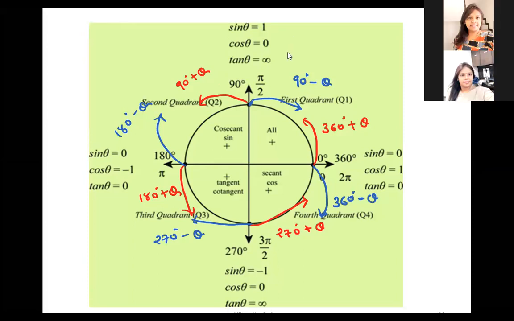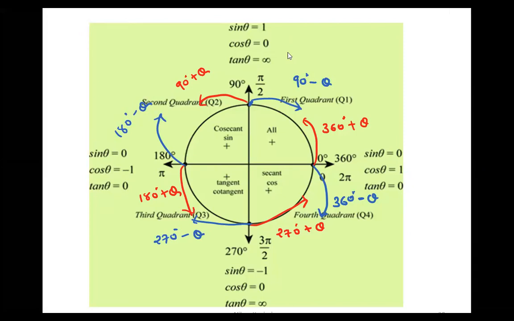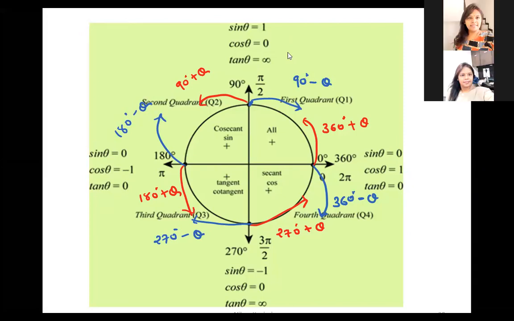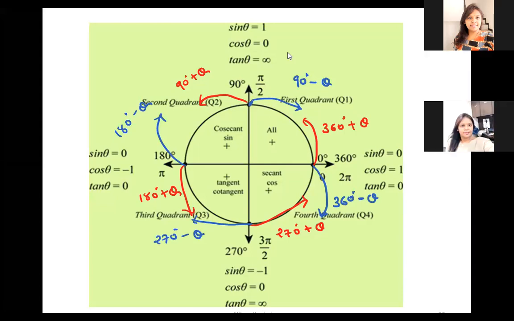Then second, in this quadrant, which trigonometric functions are positive and which are negative. If your given function is negative, put the negative sign. If your given function is positive, put the positive sign. Then look whether your angle is on the x-axis or y-axis. After deciding the x-y axis, apply the note and you get the answer.